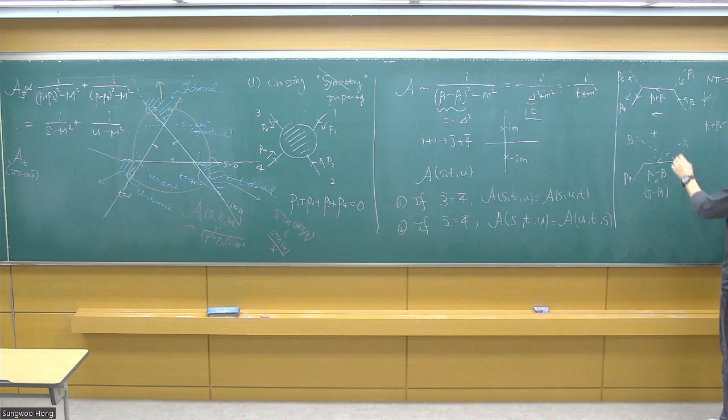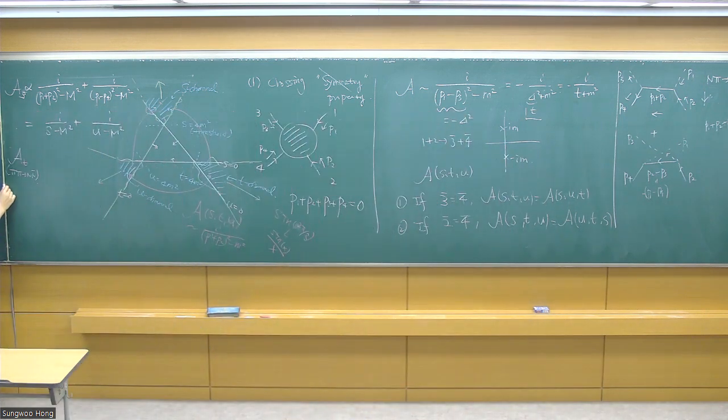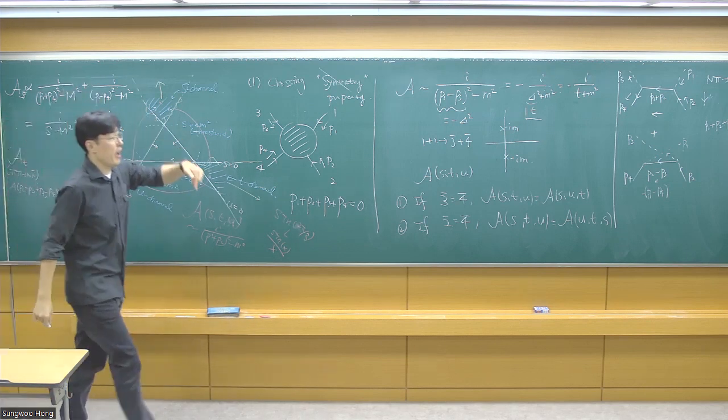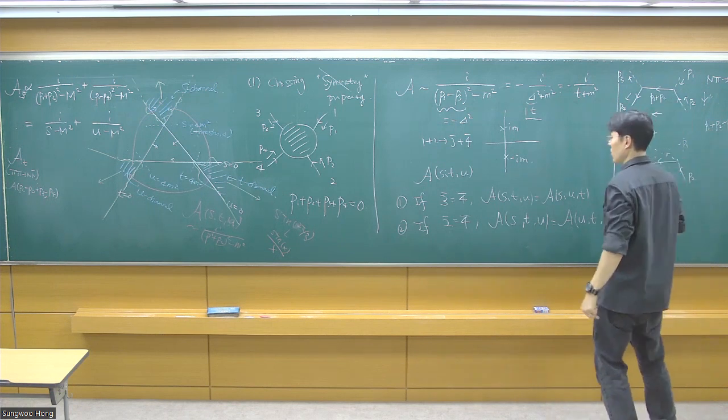If you do that, now you have to read it as a P channel. In this case, the amplitude has P1 but minus P2, and then plus P3 and then minus P4. Because I'm reading that way, I have to take this to be positive, and this to be minus of the argument.